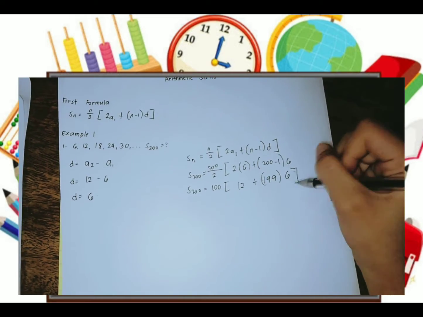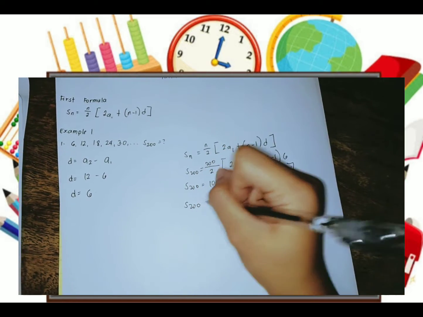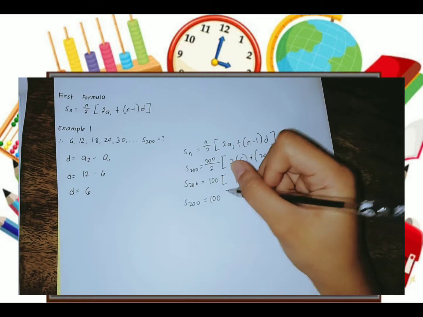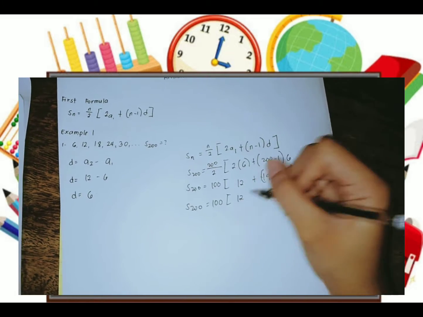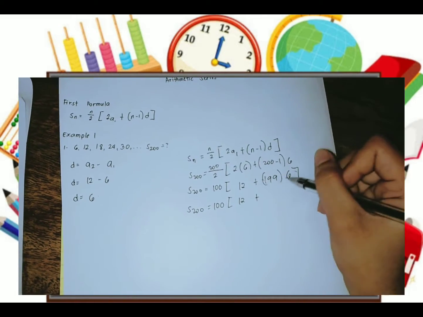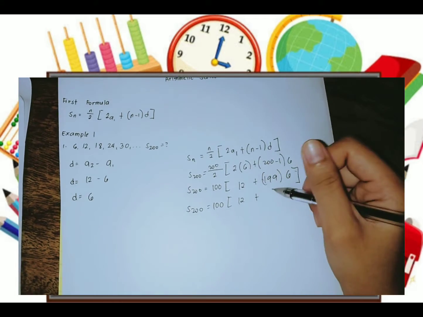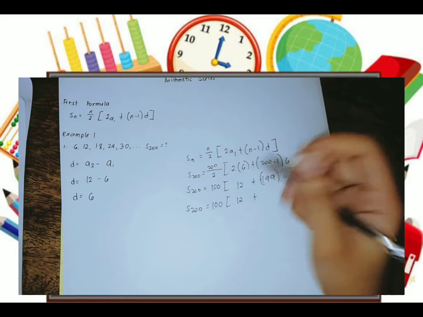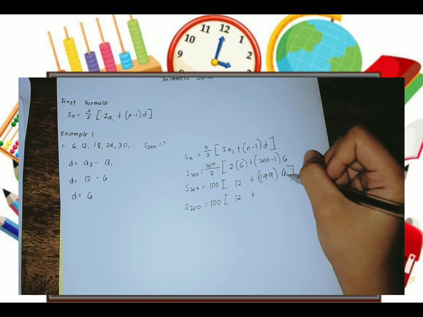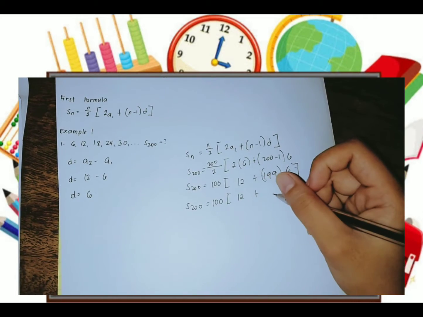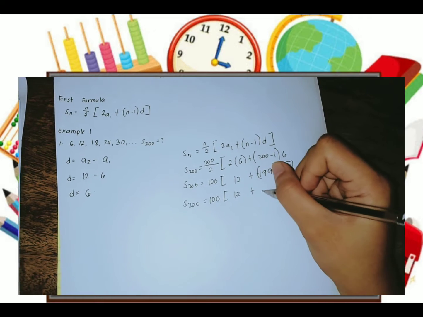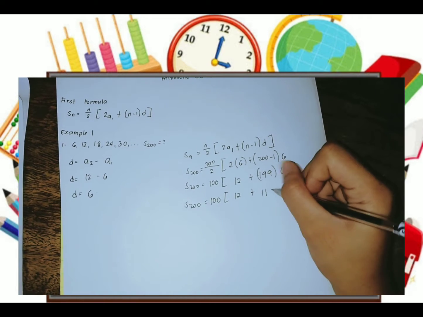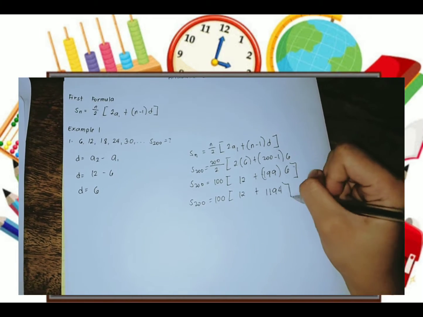We multiply 199 times 6 first before we add it to 12, and then we multiply the result by 100. 199 times 6 is equal to 1,194.